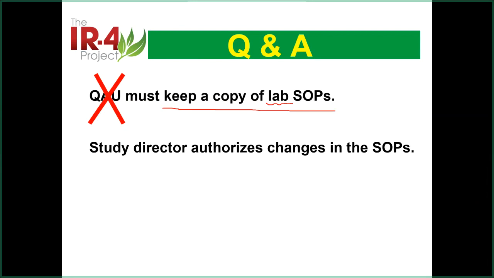Okay. For an SOP change or anything, a newer version, the study director needs to sign, needs to authorize. Is it true or false? Well, what is the requirement for an SOP, for a working method, for a protocol? Who signs on the protocol?